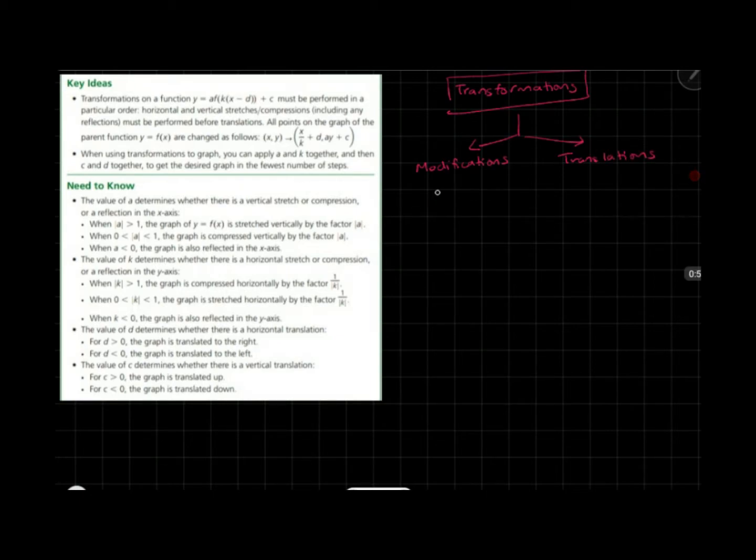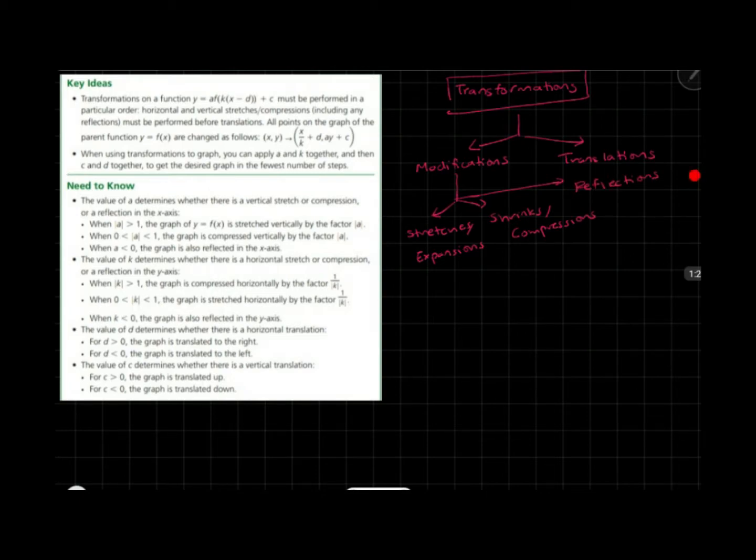I like to think about modifications as two main branches: stretches and shrinks. You can also call stretches expansions. You can also call shrinks compressions. And there's another group of modifications, which are called reflections.